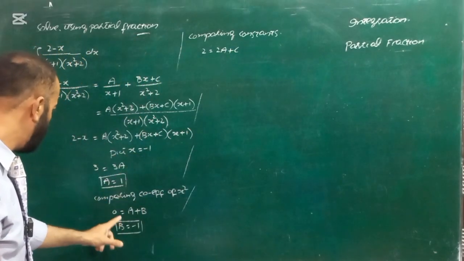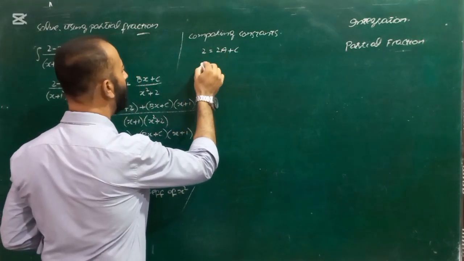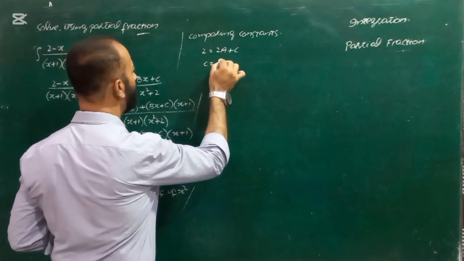Okay, a is 1, so it will become 2. So 2 minus 2 will be 0, so c is equal to 0.